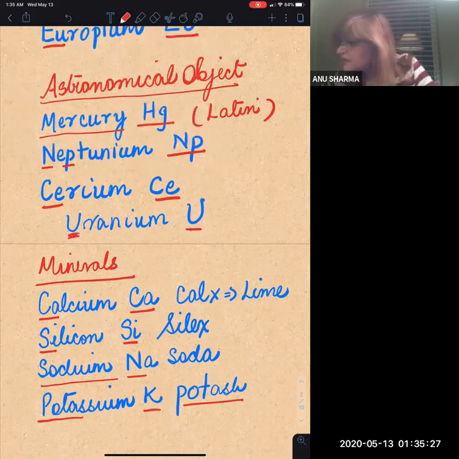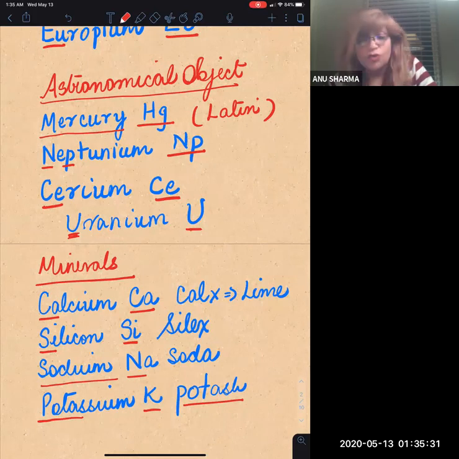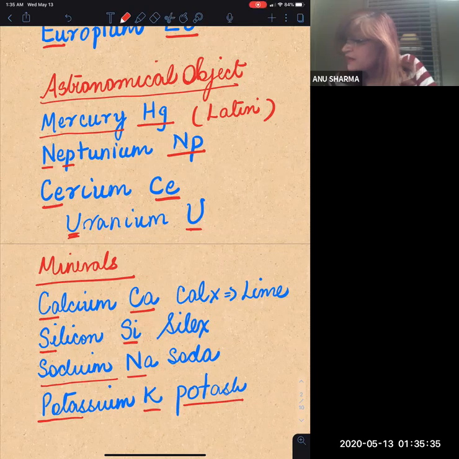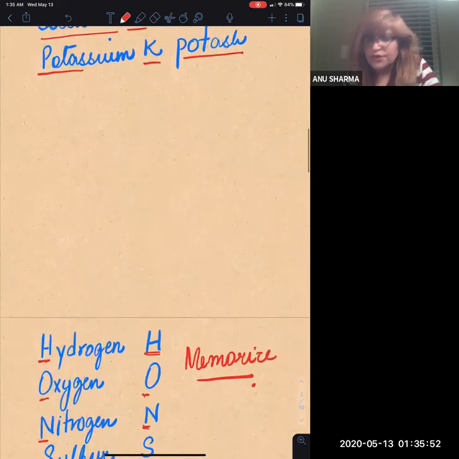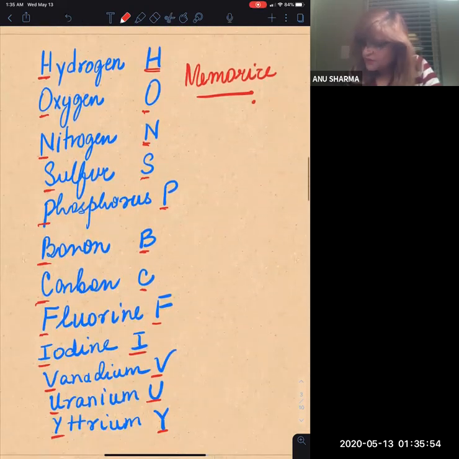And similarly, there are others also, astronomical objects like thorium, right? And I believe iridium, if I'm not mistaken. Yeah, and the name of a person like laurentium, right? And then the minerals, these are commonly found salts in nature, ores, and you can make these lists, and here you can add a few more.